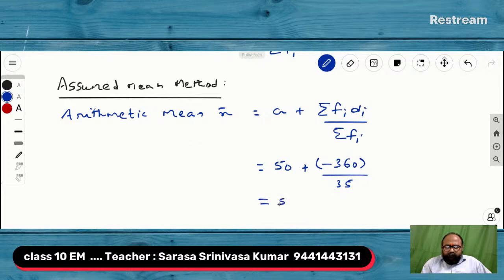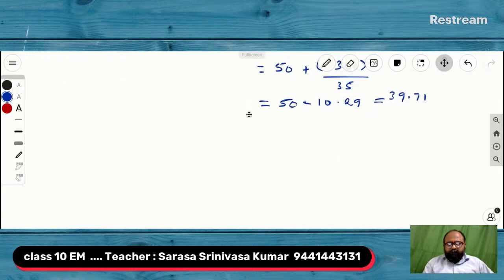This is equal to 50 minus 360 by 35, which is minus 10.29. So this is equal to 39.71. This is how we find the arithmetic mean by the assumed mean method.